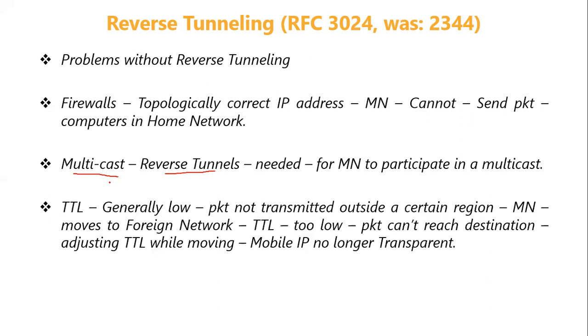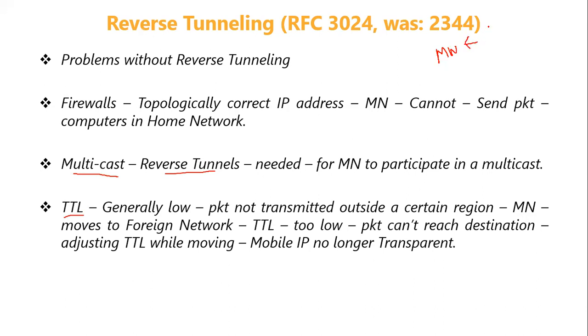The third reason is, every packet will have a TTL, a time to live field. So assume currently the mobile node is in the home network. The mobile node's default location is the home network.